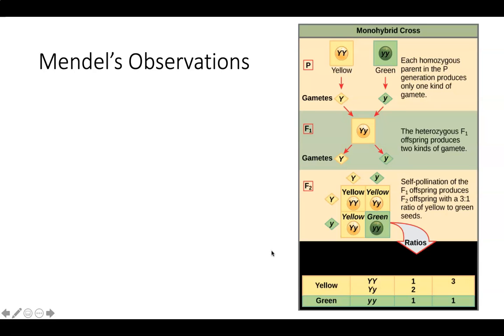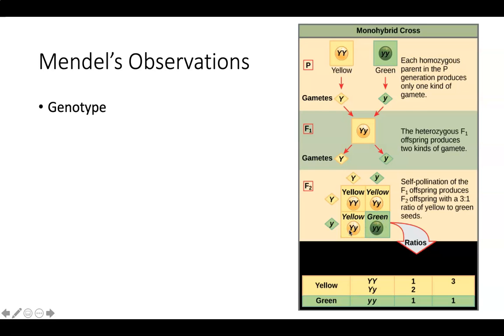But this gives us some new information, and what we call genotypes. The genotype is the genetic makeup of an organism. Here we're talking about the alleles that are inherited. That's what we mean when we talk about homozygous dominant, heterozygous, or homozygous recessive.